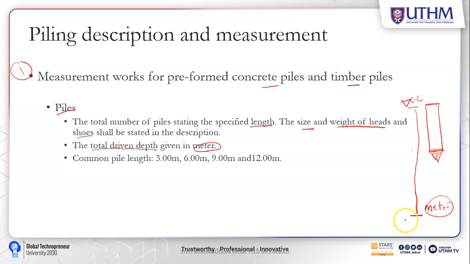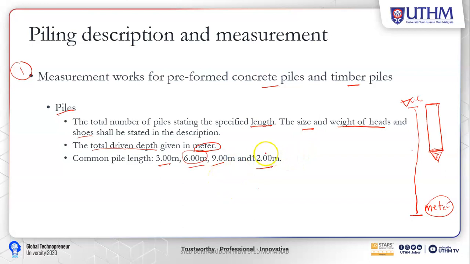And then in our piling industry production, basically we will have standard lengths of 3 meter, 6 meter, 9 and 12 meter. It depends, but for the concrete pile, basically we have this length, 6 meter.